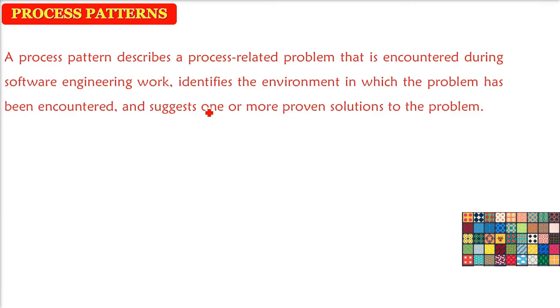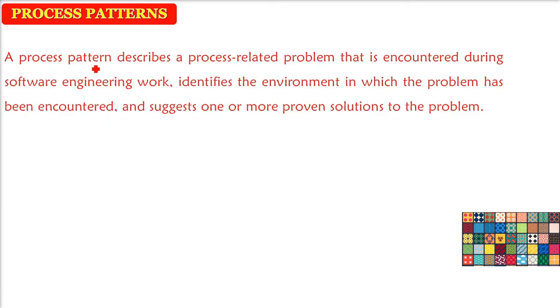What are process patterns? Whenever we are talking about process, software process means from the beginning to the end, what will be your approach, what will be your way. A pattern is something which is already made.